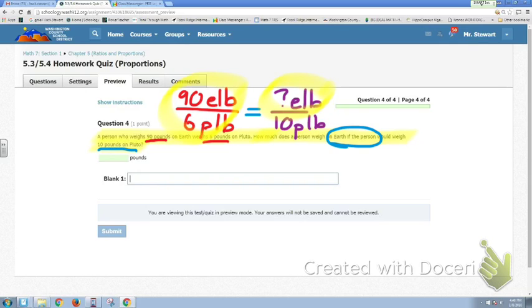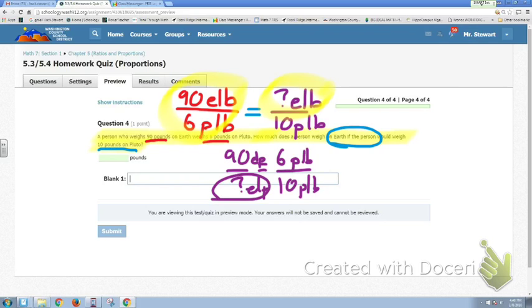You know, I will just tell you quickly, you could have set it up like this. 90 Earth pounds is the same as 6 Pluto pounds. And so what would that be if we were working with 10 Pluto pounds? How many Earth pounds? You could set it up this way as well. You're going to find the same answer either way.